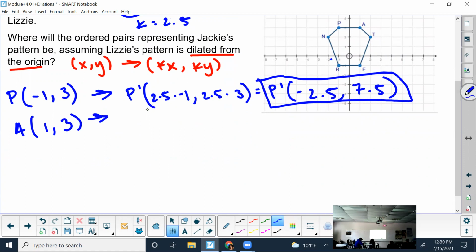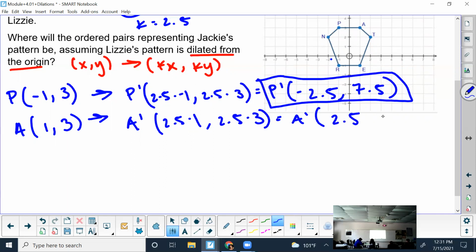Apply that rule to get A prime. We're multiplying by the scale factor for each one. You might not have to show your work for this step if you are getting the point already. A prime becomes 2.5, comma 7.5.